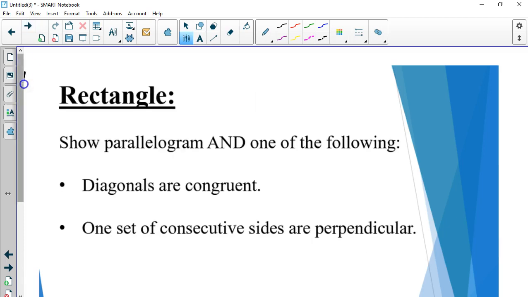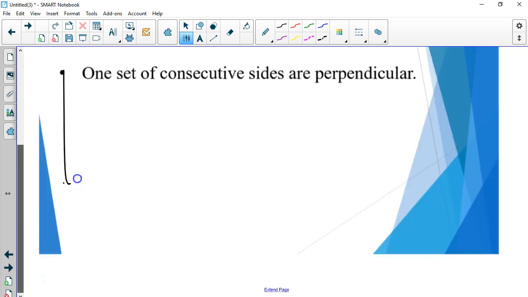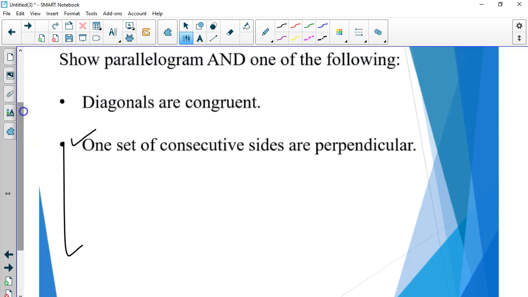All right, rectangle. To prove it's a rectangle, first you have to prove it's a parallelogram. So you have to do what we just did, one of those 4 options. Then you have to go one step further and prove that the diagonals are congruent, or one set of consecutive sides are perpendicular. I personally like this one just because you can count the slope and you're done.